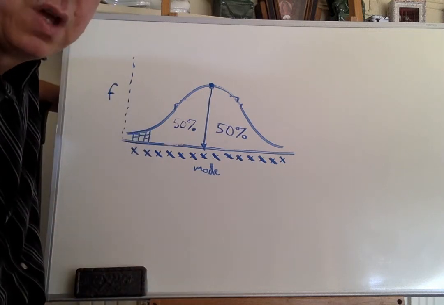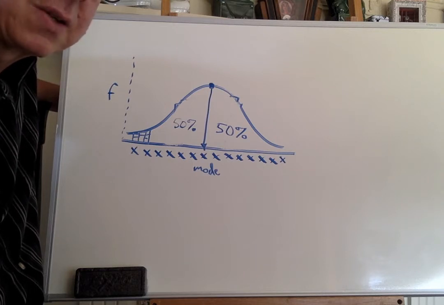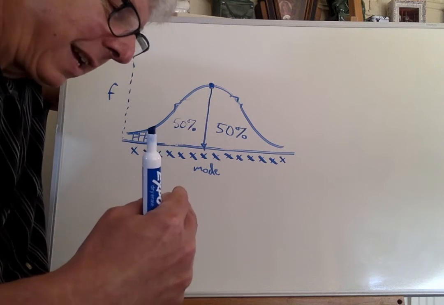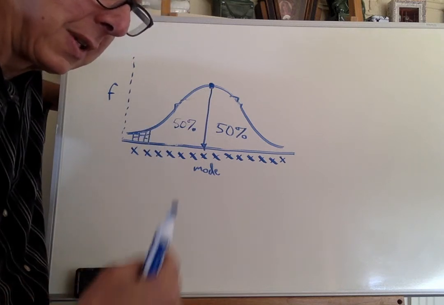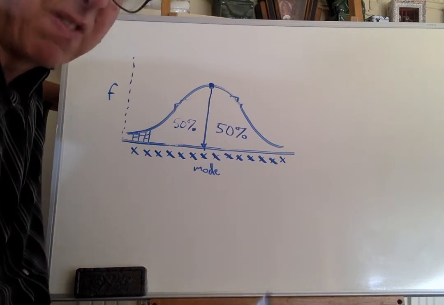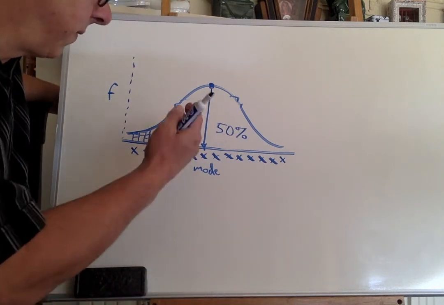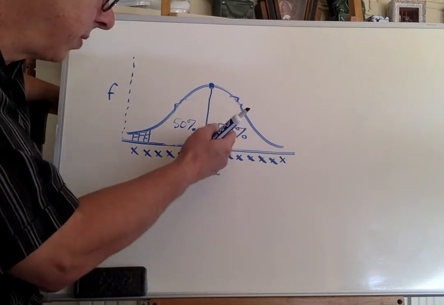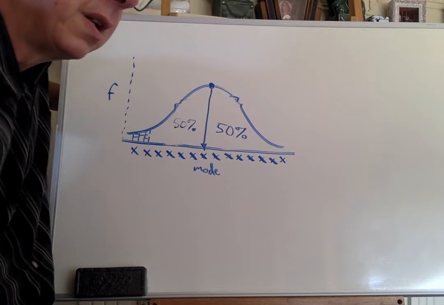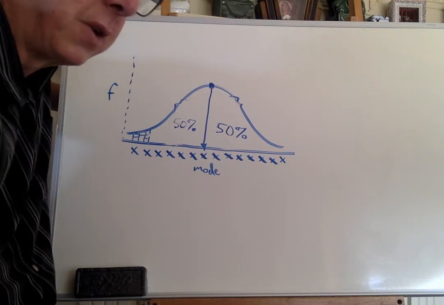So, can we figure out where the median is? I always encourage people, this is a stepwise concept that you can figure out. If a normal curve is symmetrical, 50% here, 50% here of the boxes, then can that help us understand the median?